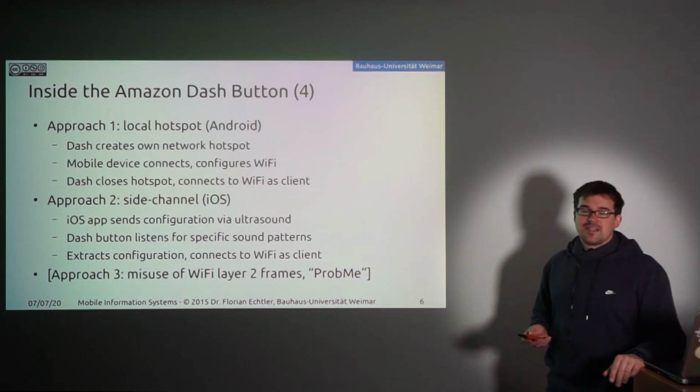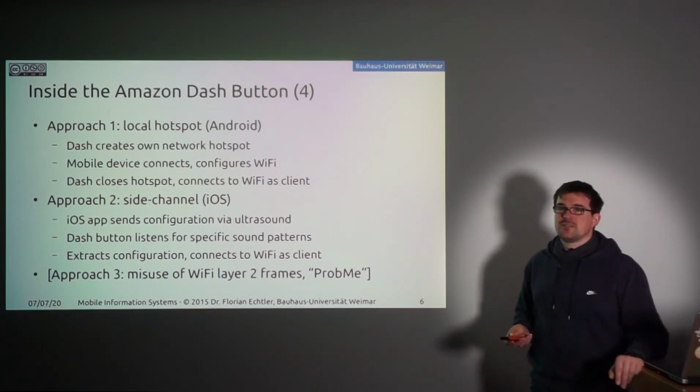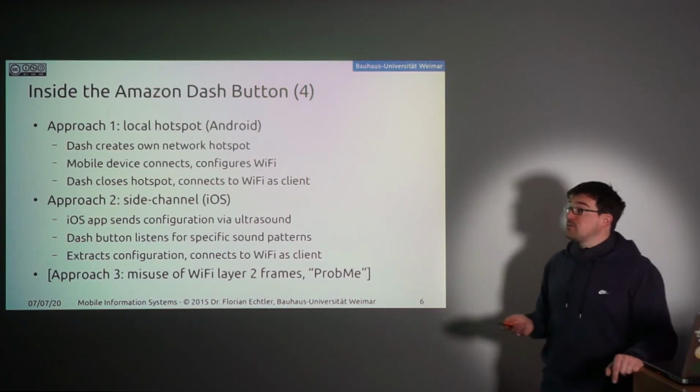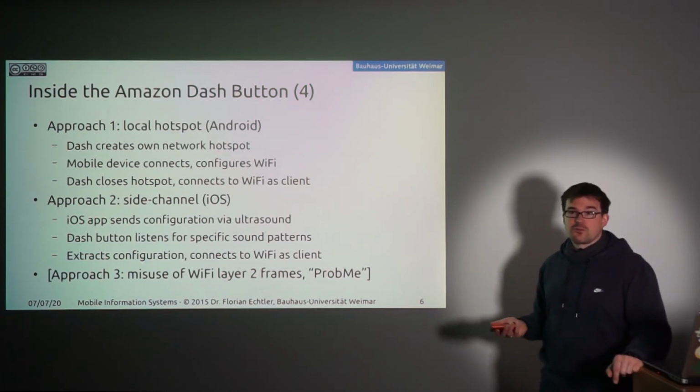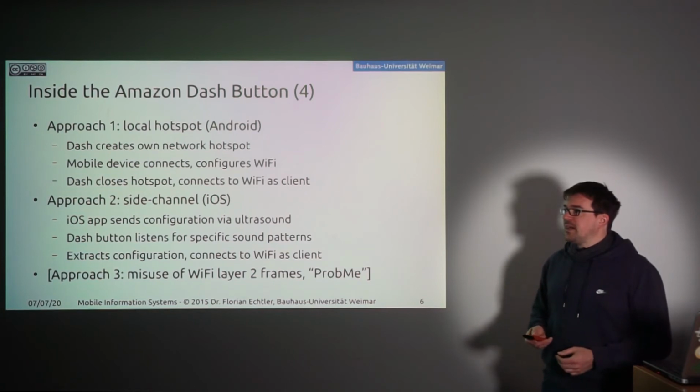Of course, there are different additional side channels possible. For example, if you have a more recent Wi-Fi module that also includes Bluetooth Low Energy, then you could use Bluetooth to transfer the Wi-Fi credentials and have it then connect to Wi-Fi. That would also be an option.